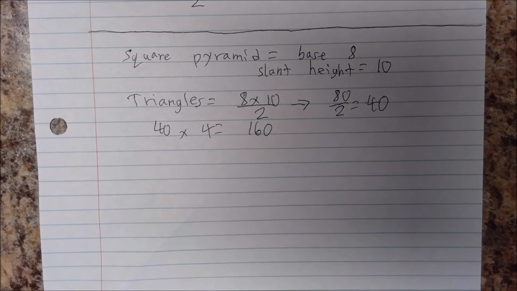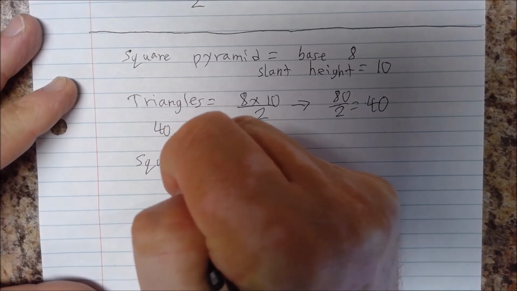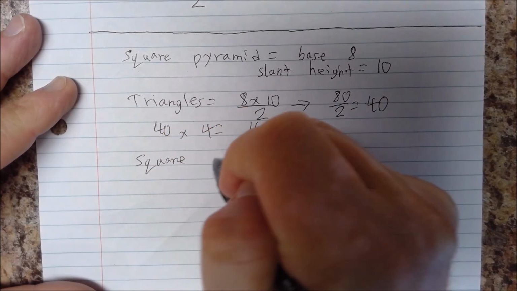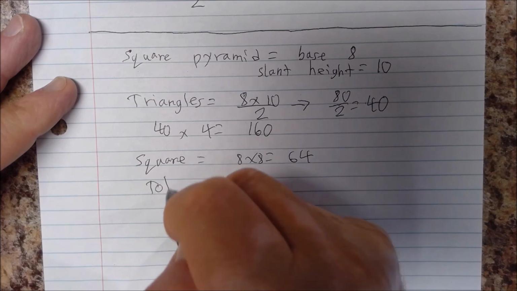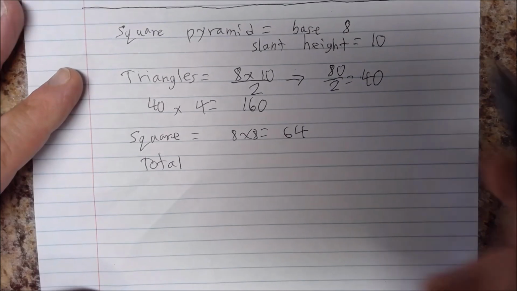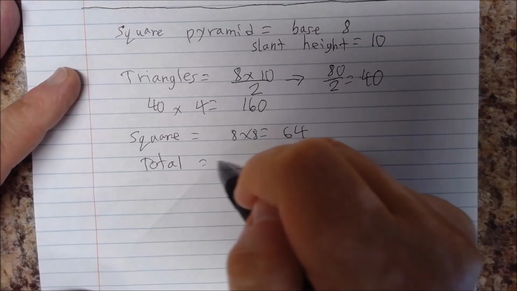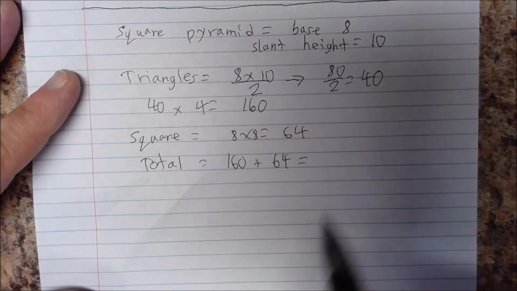Now all we have left is the square on the bottom, and that's of course an 8 by 8 square. Square is 8 times 8 equals 64. We get our total, which is 160 add 64.